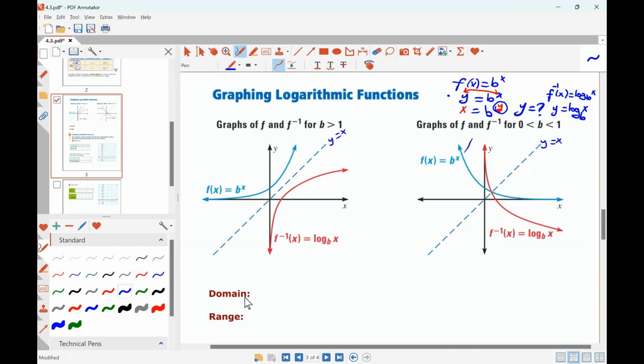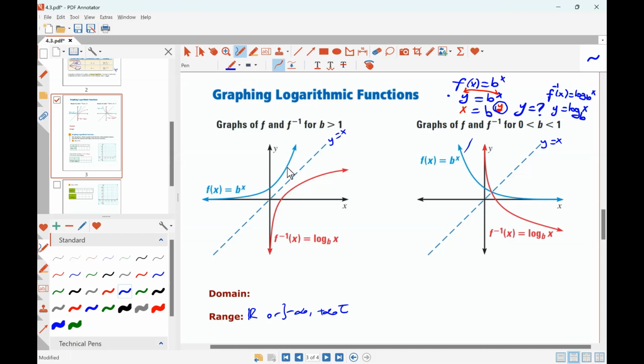So what was the domain of exponential functions? It was all real numbers. So you just switch it, your domain becomes range. So the range of logarithmic functions is all real numbers, or from negative infinity to positive infinity exclusive. What was the range for exponential functions?